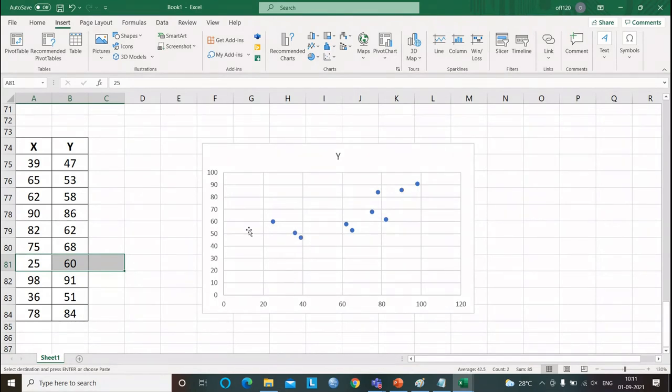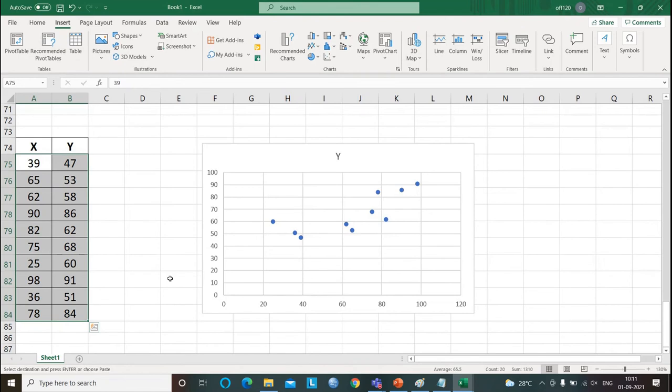Now, based on these points, can we see that there is an increment in the points? Of course, there is an increment. So by seeing these values, I can say that X and Y are positively correlated. By seeing only the values, we cannot come to a conclusion whether X and Y are positively correlated or negatively correlated.